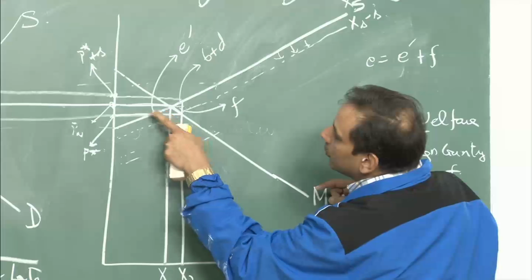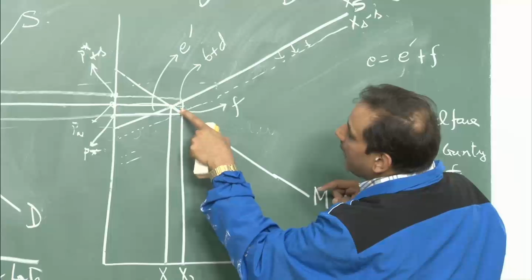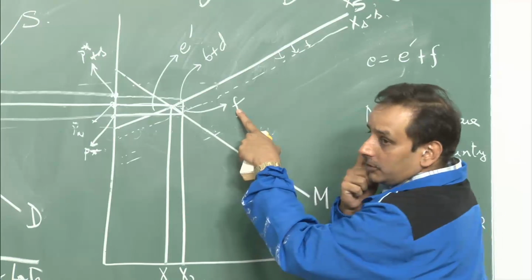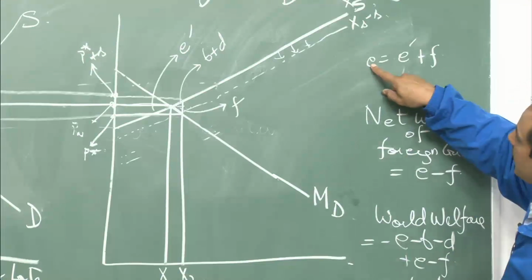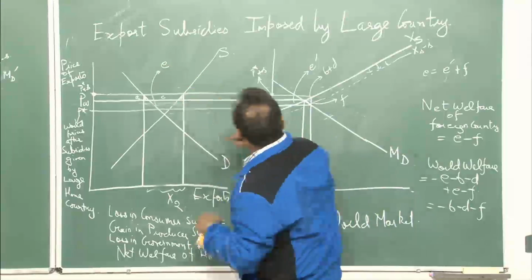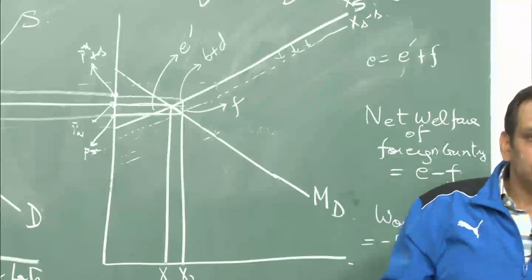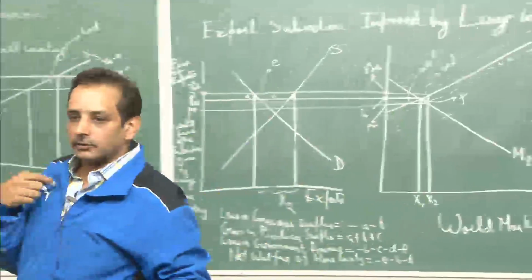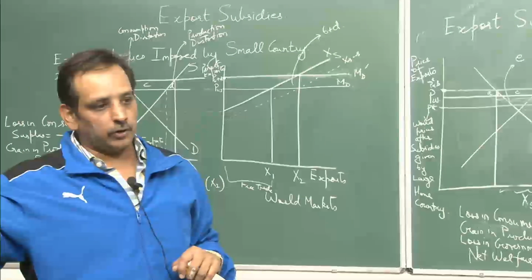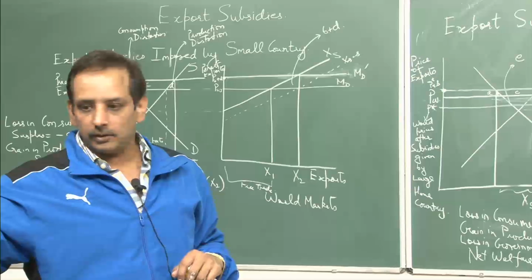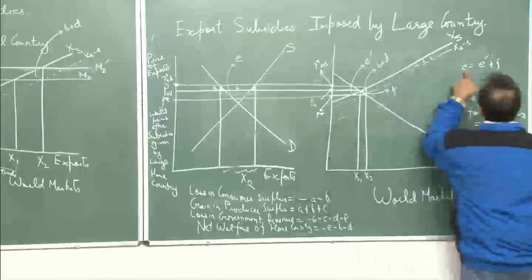This I have divided into this portion, which I call E dash, and F, which is the distortions which are created because the world prices go down. So E is E dash plus F. Whatever is my terms of trade loss is the terms of trade gain for the other partner, the buyer, right?